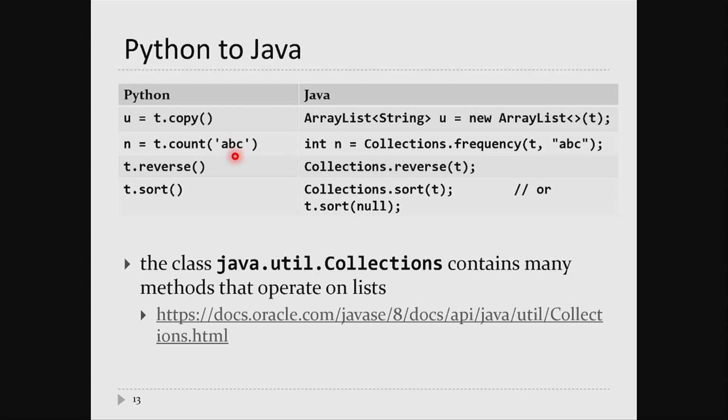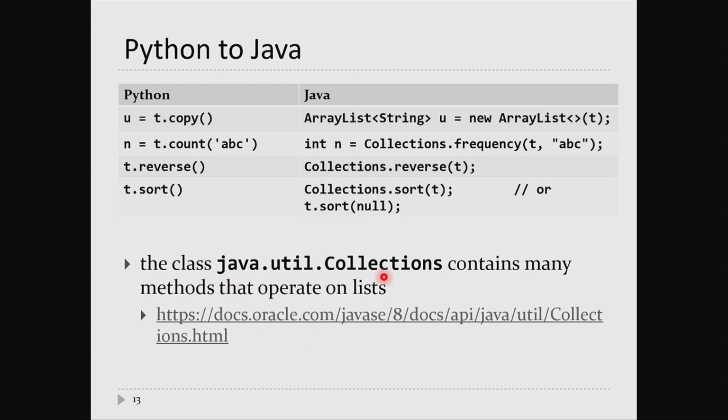If you want to count the number of times a string ABC appears in the list, you just use the count method. Now in Java, the ArrayList class does not have a count method. So now you have to rely on a second class that can do the counting for you. That second class is called Collections, with an S. There's the link to the documentation, and the package that the class lives in.